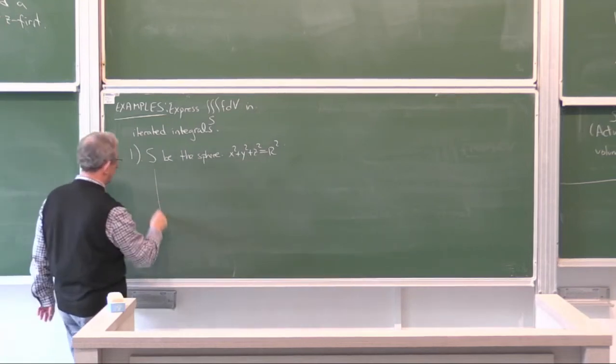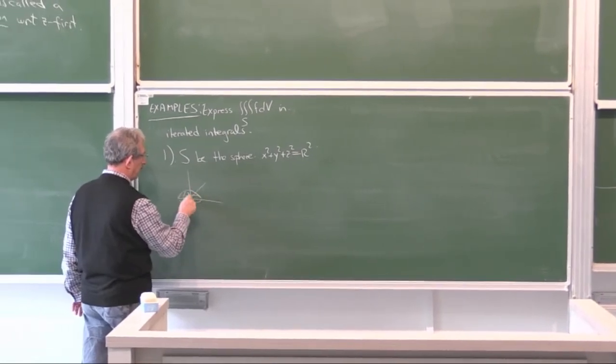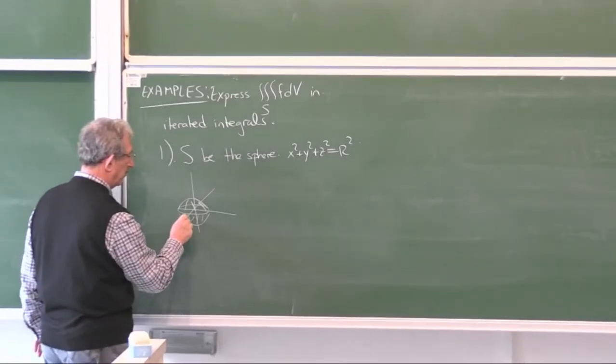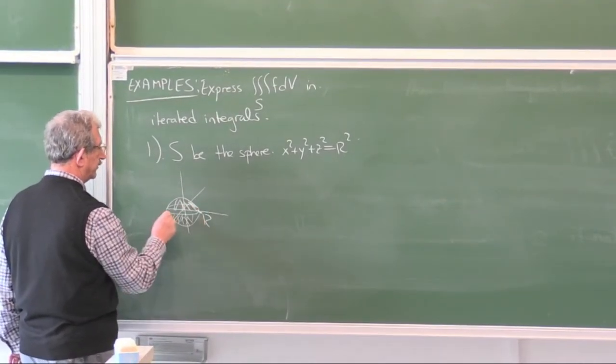So it is something like this, where the radius is r.